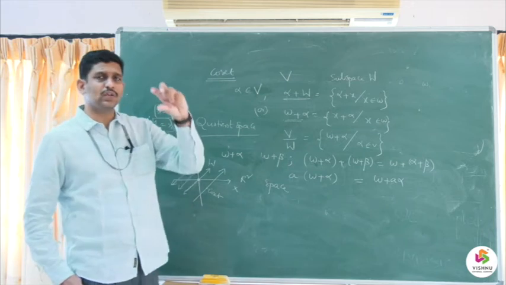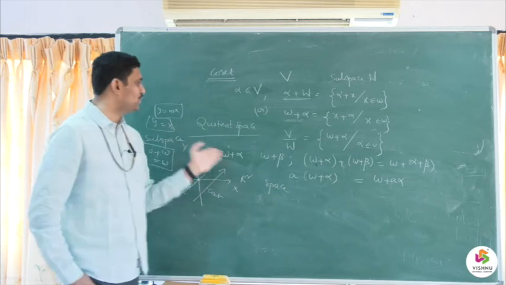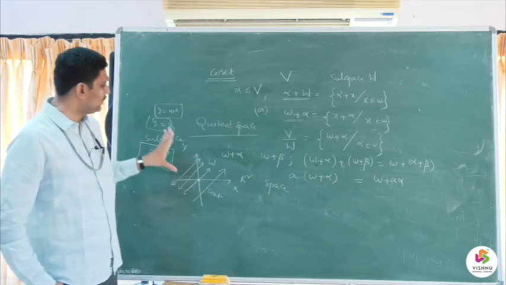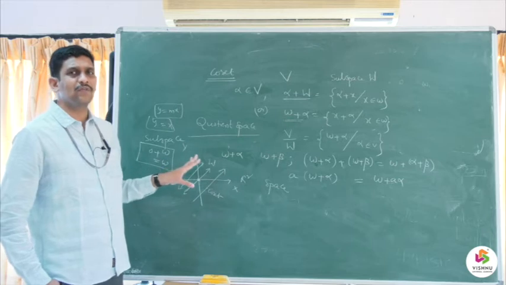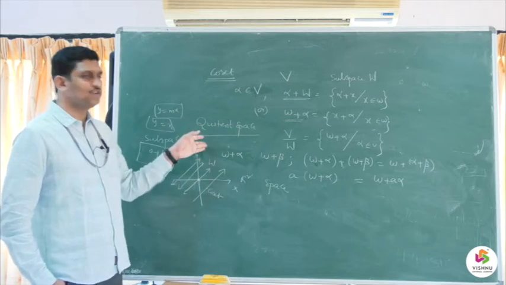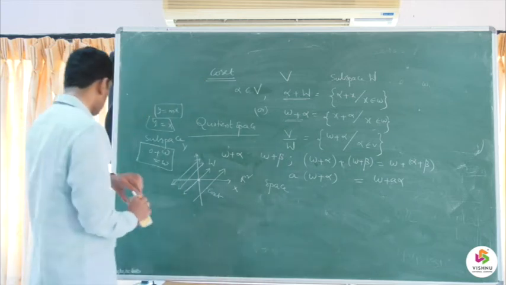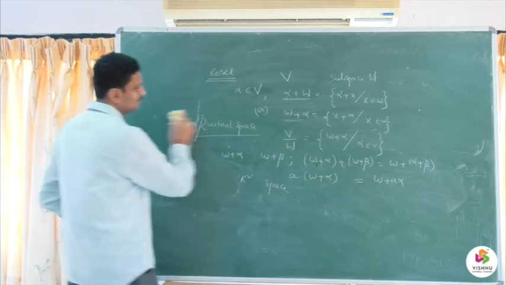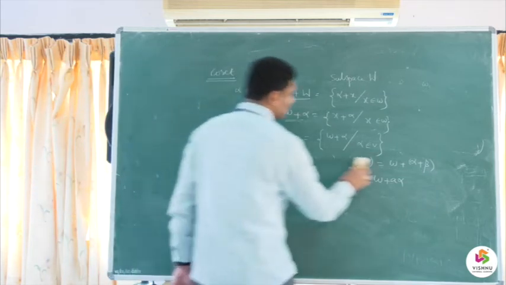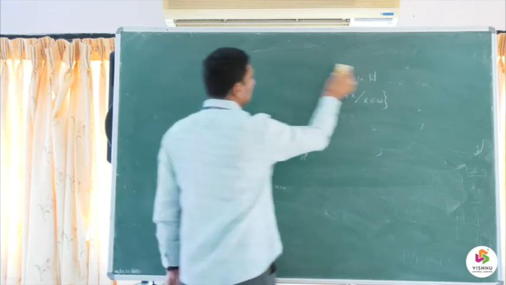If you consider those lines as a separate set, that is what you call the quotient space. This is for your visualization purpose, to understand the meaning of the quotient space and the coset. Now we go on to one important theorem based on this, which is very interesting and useful from the exam point of view.